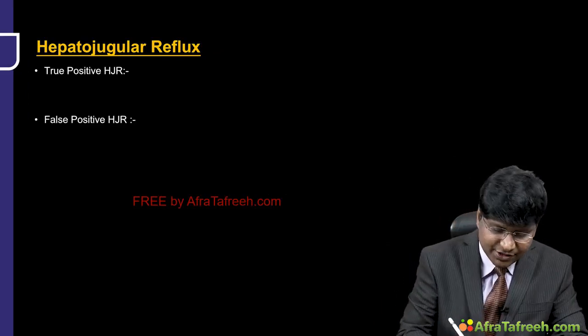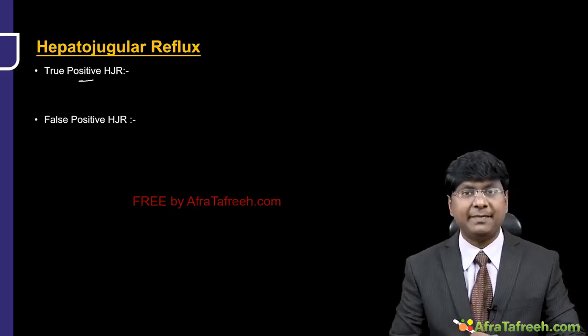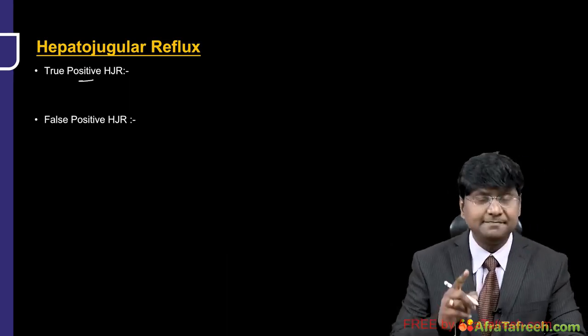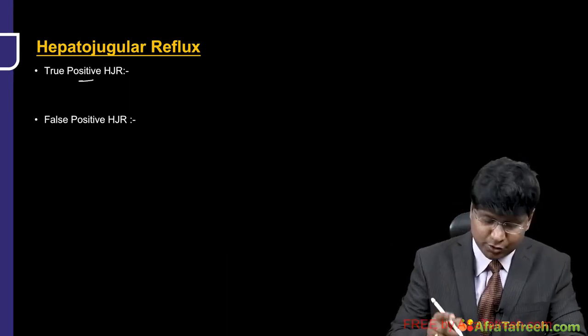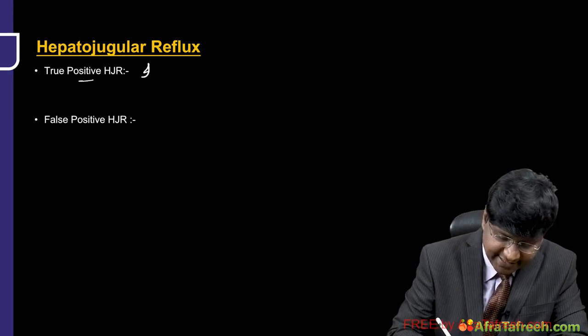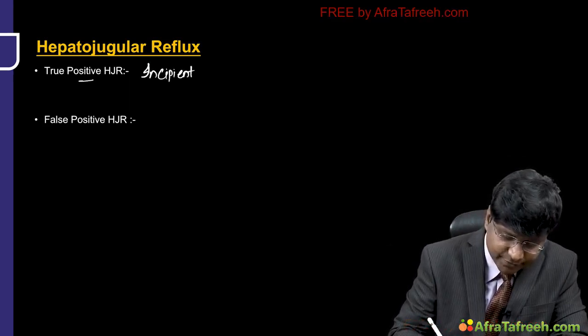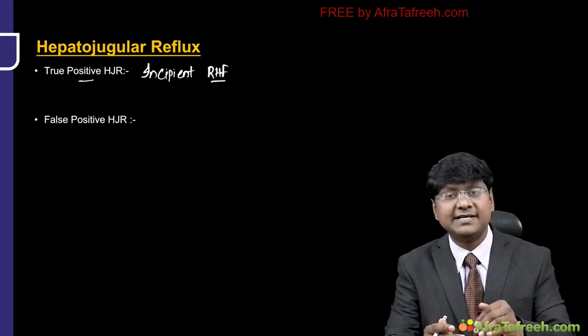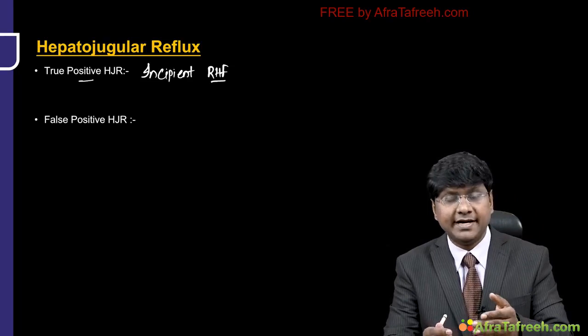Now, what are the conditions where you will have the positive hepatojugular reflex? Remember, the positive hepatojugular reflex is the earliest sign of incipient right heart failure. What do you mean by incipient right heart failure? That is latent, right?